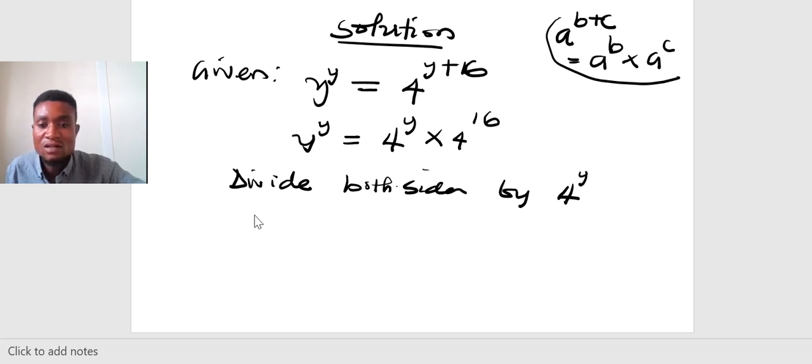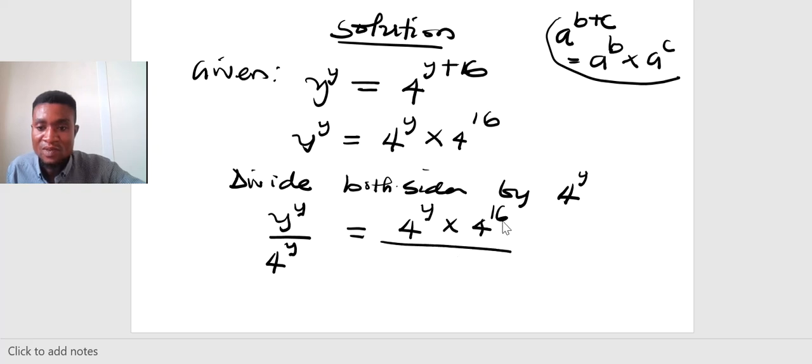This we have y to the power of y divided by 4 raised to the power of y, which is equal to 4 to the power of y times 4 to the power of 16 divided by 4 to the power of y.